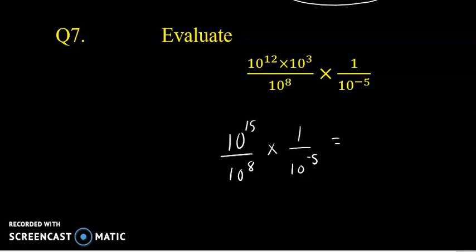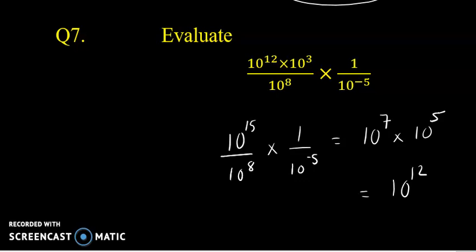Let's continue. So this becomes 10 to the power 7 times, now we can rewrite this by finding the reciprocal of 1 over 10 to the negative 5, which is 10 to the power 5. And this becomes 10 to the power 12.